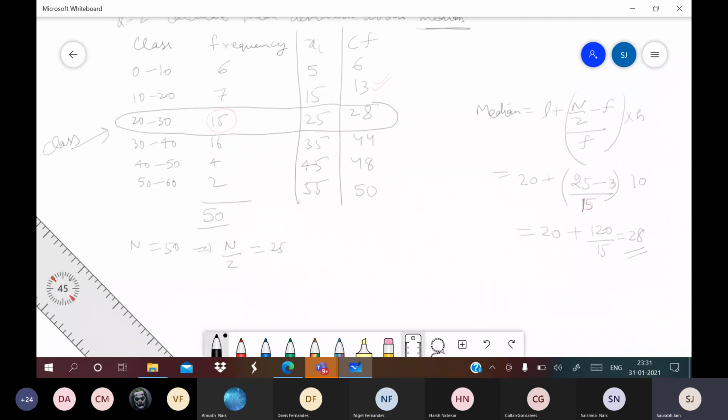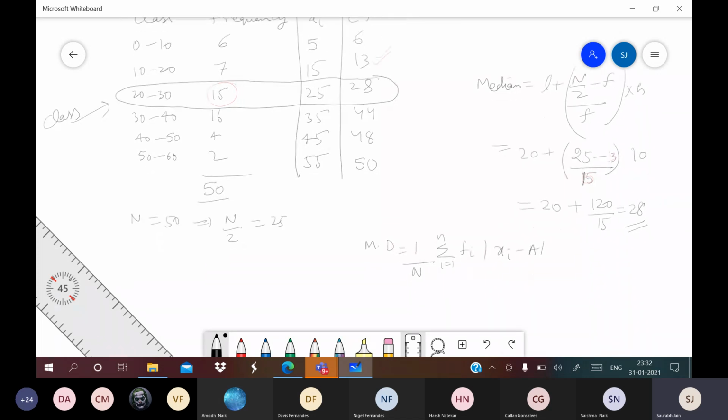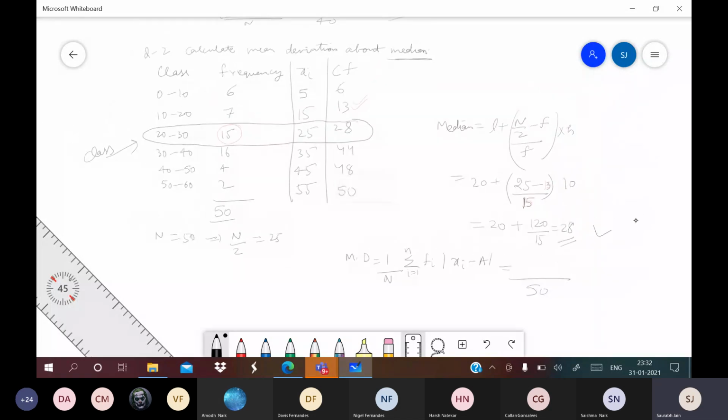Question is over. Why? Because now mean deviation is 1 upon n sigma fi modulus of xi minus a, i from 1 to n. So denominator will be 50. And what we will do after this? We will subtract this median from each value of xi, like 5 minus 28, 15 minus 28, like this.